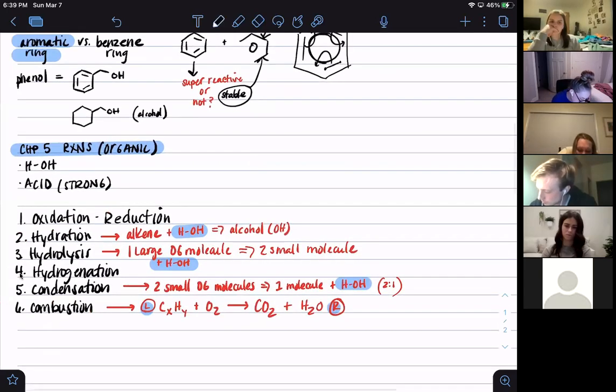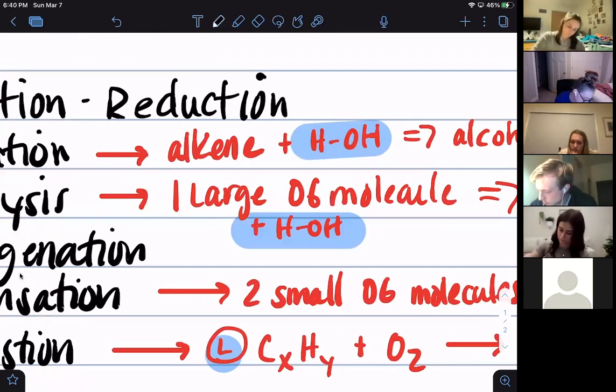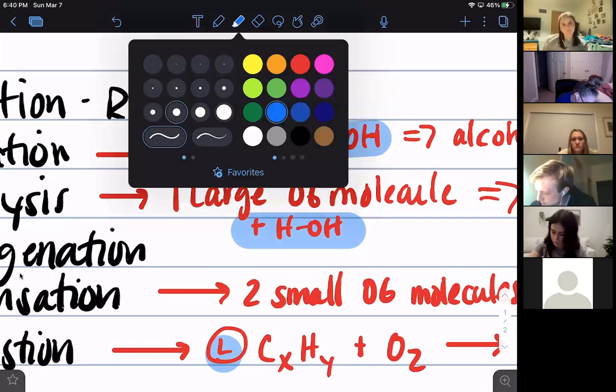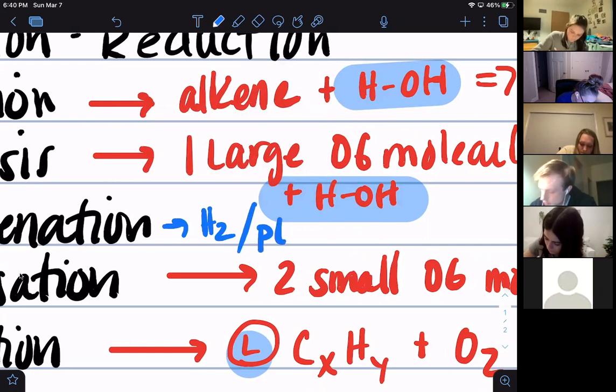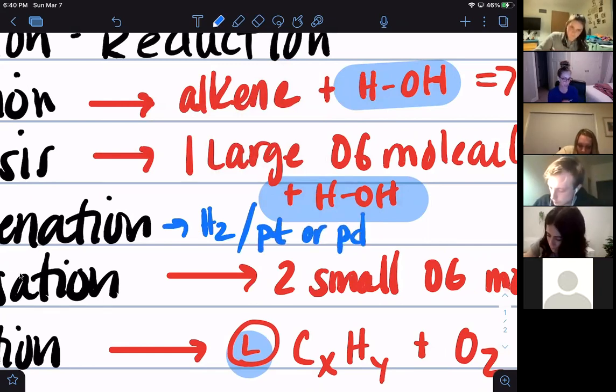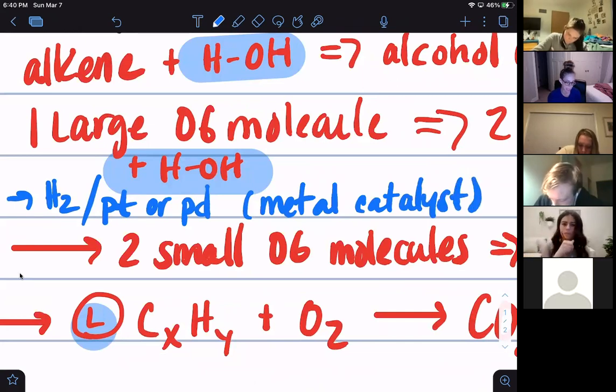Okay, the last thing is hydrogenation. The key thing for a hydrogenation reaction, I'm going to write it in a different color because I'm kind of getting crazy here, is always going to be H2 over either platinum or palladium, okay? And that, my friends, is a metal catalyst, which makes sense because H2 can't do stuff by itself, right?